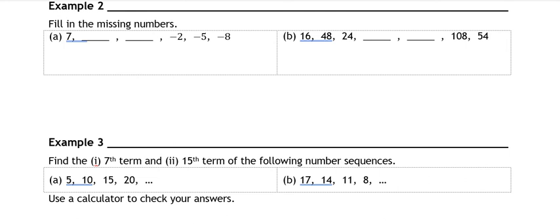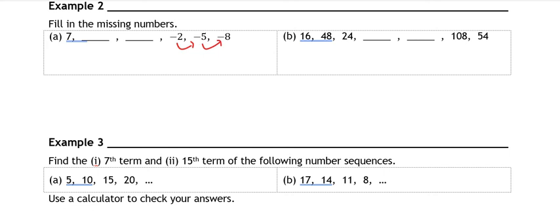Example number 2 will be about filling in the missing numbers in between any number sequence. In this one, it seems quite difficult, but you can see here that there are numbers -2 to -5 and -5 to -8.